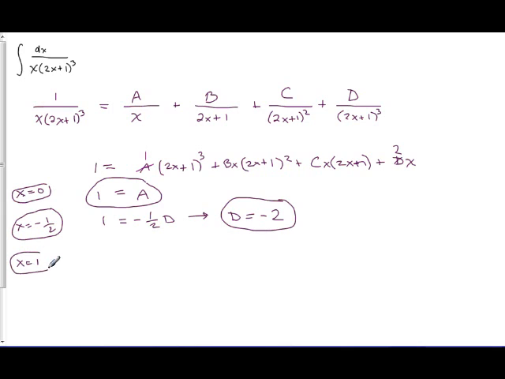So if I try x equals 1, I'm going to get 1 is equal to 2 plus 1 cubed, that's 3 cubed, that's 27, plus 3 squared, 9 times 1, so that's 9b, right? Plus 3c plus 6. And let's simplify that equation a little bit.